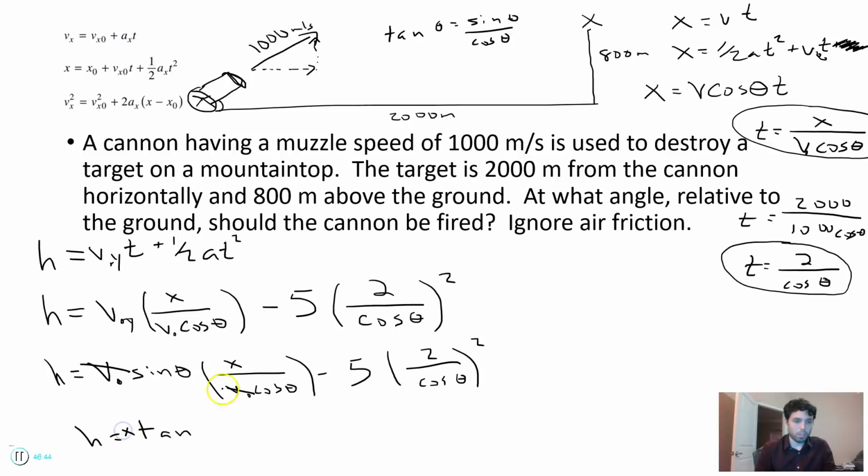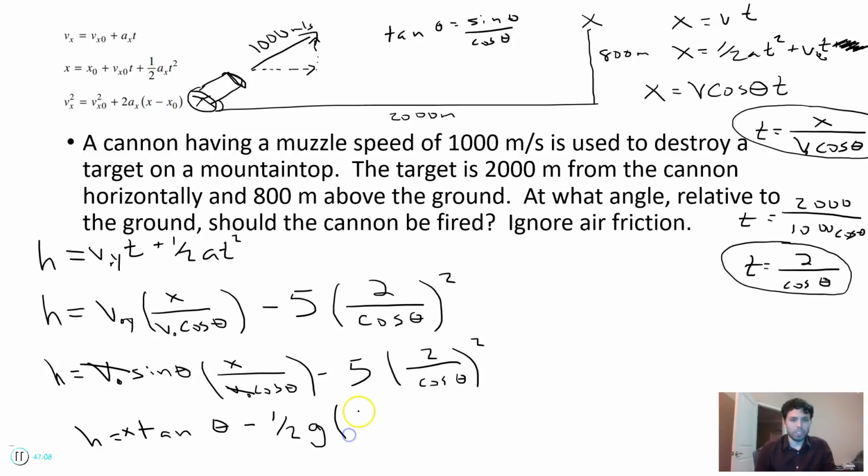x. Oh, we get our x there, right? X tangent theta is going to be equal to minus 5. You know what? Let's just leave this. I'm going to go back to making this 1/2 a for now. Let's call it g actually, just for simplicity. I don't want to use numbers until I actually have to.